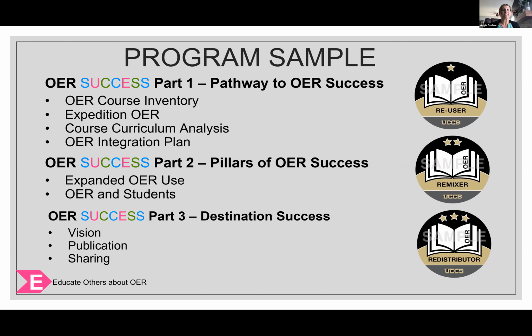And then the last phase is representative of what Lynanne just showed you, and that is the destination success, where a vision is constructed for what an ideal published OER might look like. It walks you through the publication process and then the sharing out so that others can do the same. So that's how we have used the model to educate others about OER.